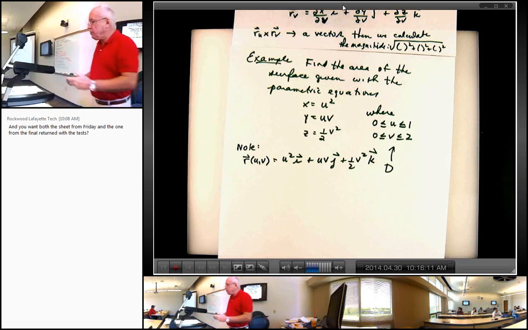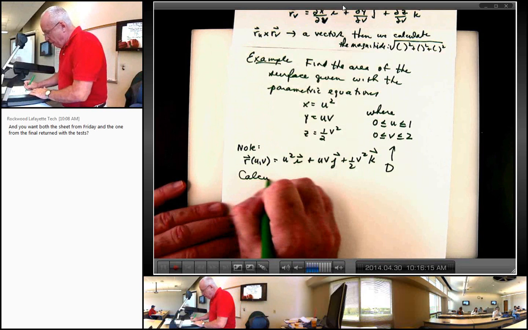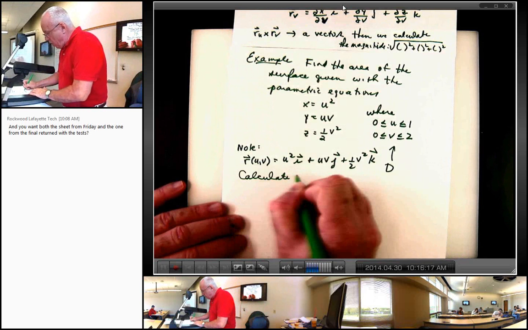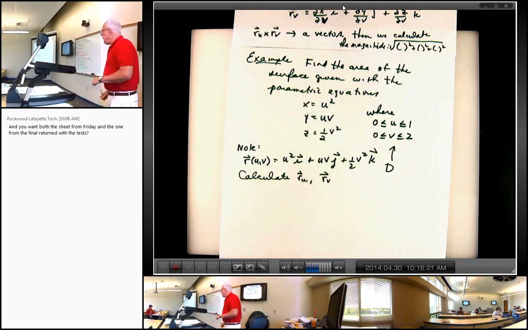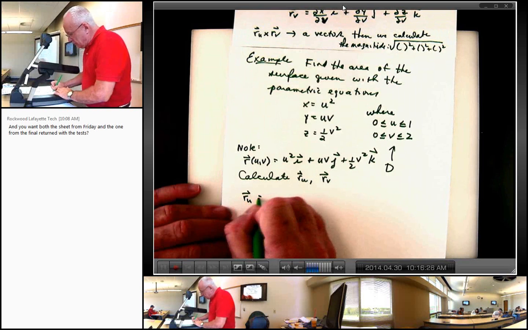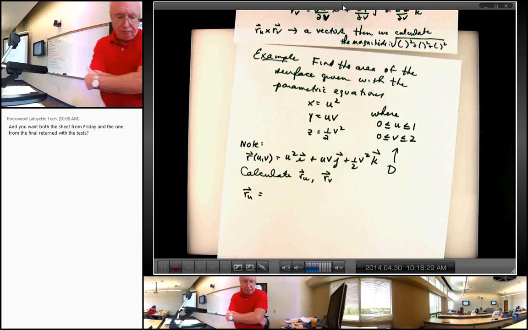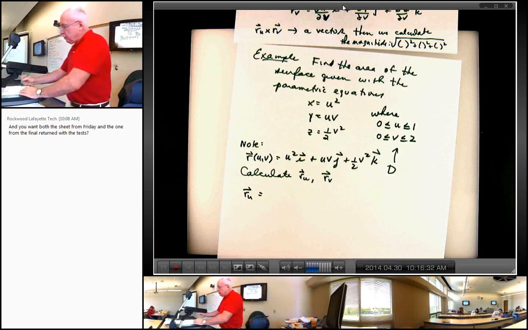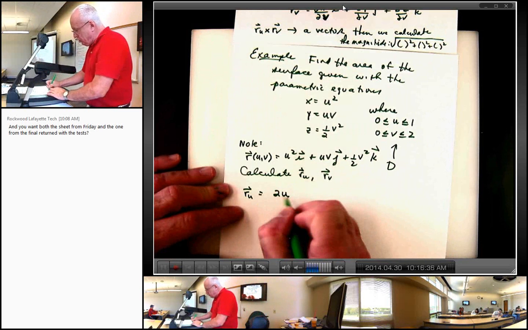So the first thing we have to do here is calculate R with respect to u and R with respect to v. That shouldn't be any great problem. So let's look at R with respect to u. u is our variable, and u squared is our first component, so that derivative is going to be 2u.